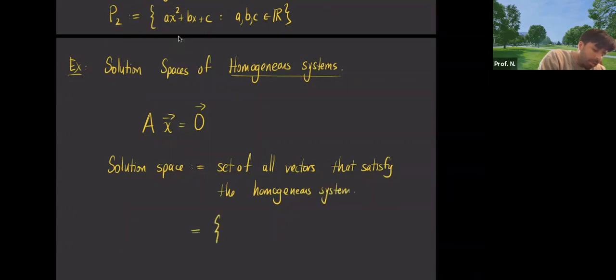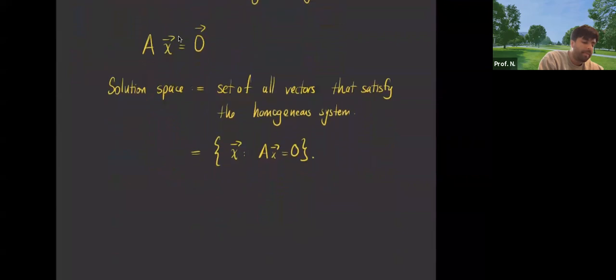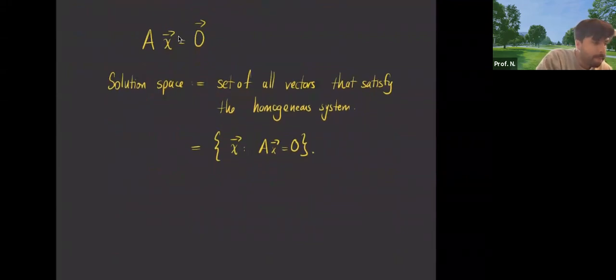In other words, it's the set of all x such that AX equals 0. And I'm going to call this W. So again, W is the set of all such vectors whose left multiplication of x onto A is 0.